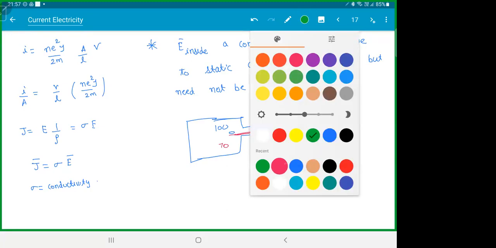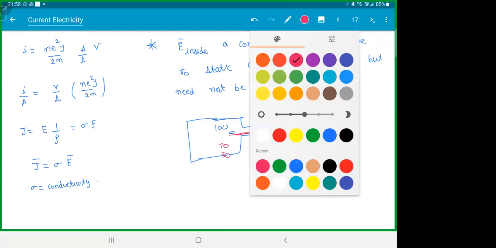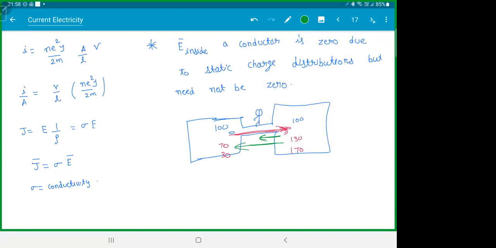If you keep on pushing more and more, let's say this becomes 30 and this becomes 170, the resistance will become so high that the charge will stop flowing, isn't it? This is the reason why field was 0. Agreed? But imagine there is actually a hidden door from this room to this room. No one knows that.